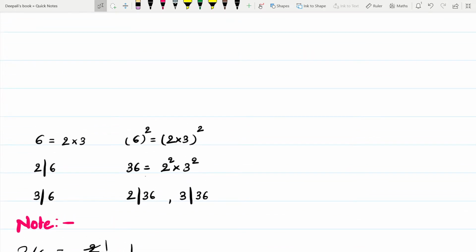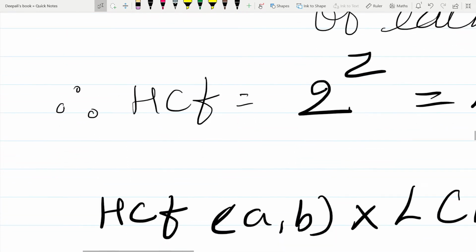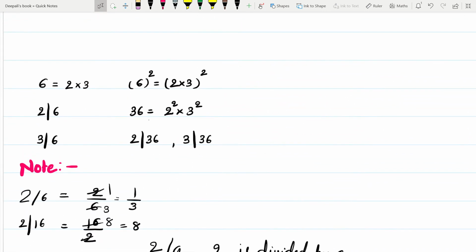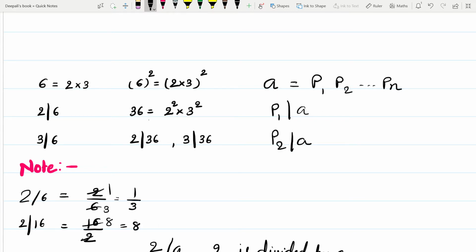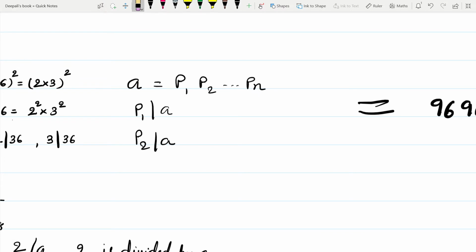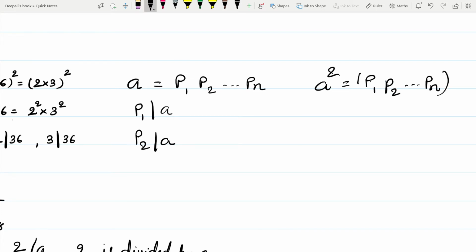So if we compare it with our theorem, let a be any number and its prime factors are p1, p2 till pn. Then p divides a, or p1 divides a, p2 divides a. If I square this on both the sides, I will get a squared is equal to p1, p2 till pn squared.